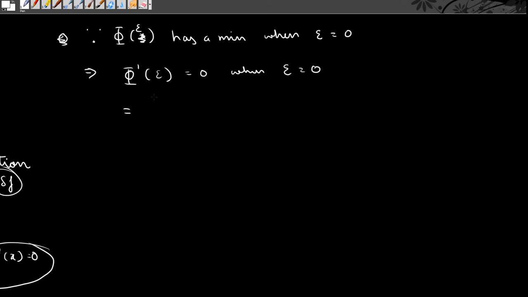So this phi dash of epsilon is basically d phi by d epsilon, and this is equal to 0 at epsilon equal to 0.